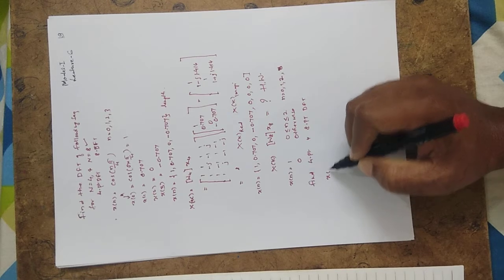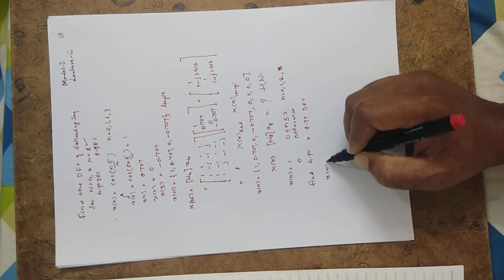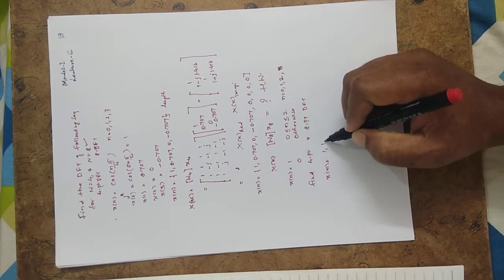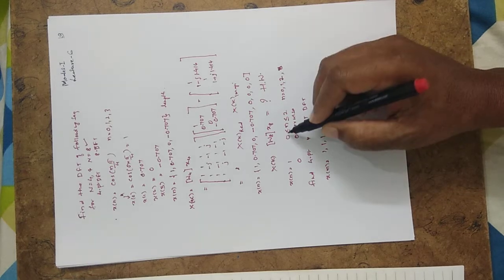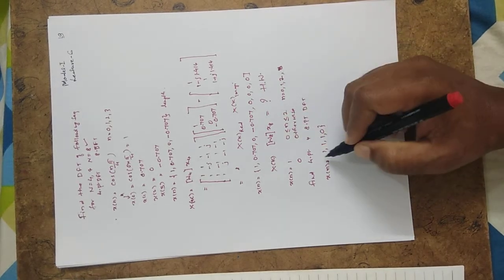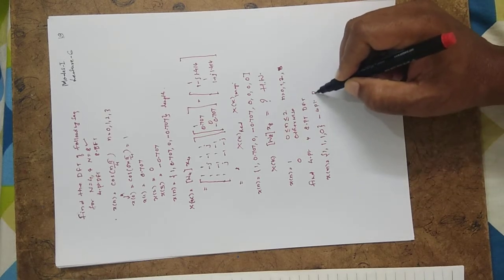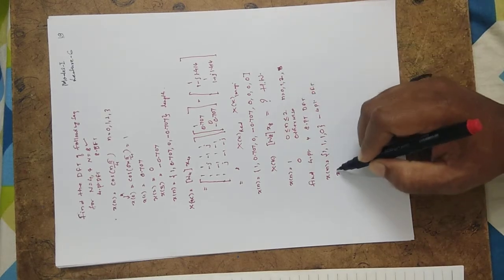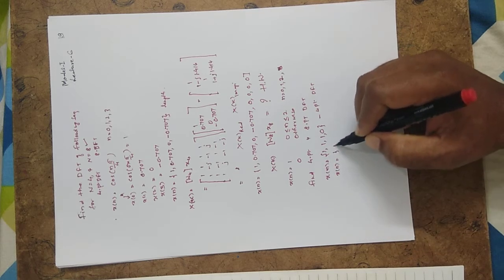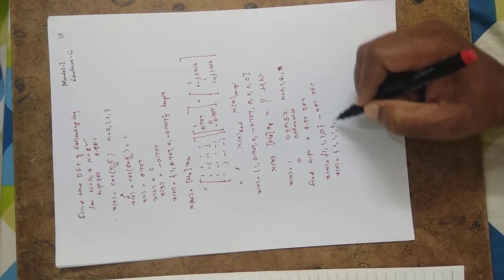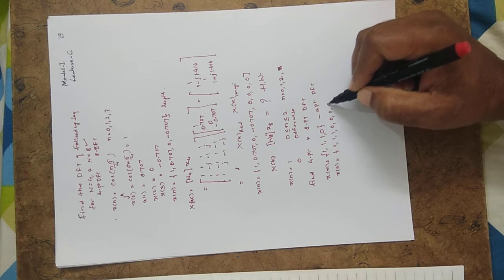So what is the sequence? x of n equal to 1, 1, 1, and 0 for the 4-point. And the same x of n will be 1, 1, 1, 0, 0, 0, 0, 0 for the 8-point.